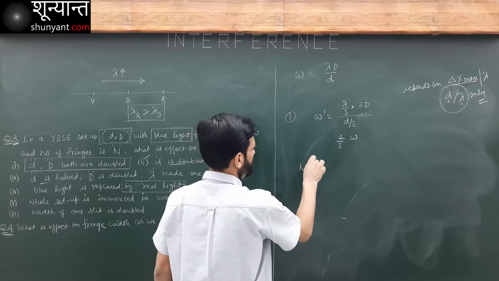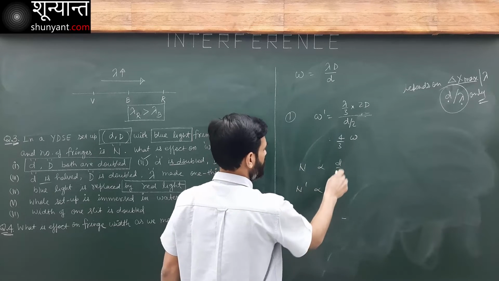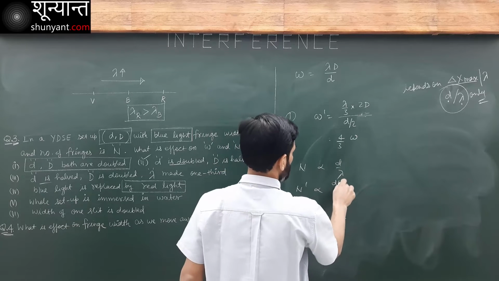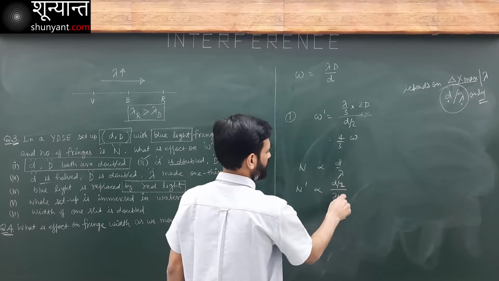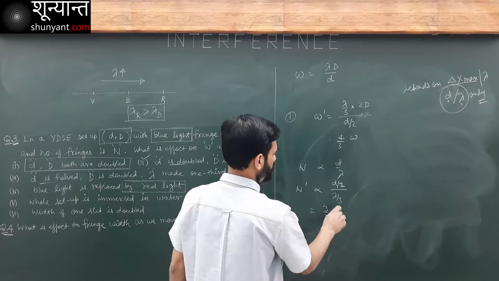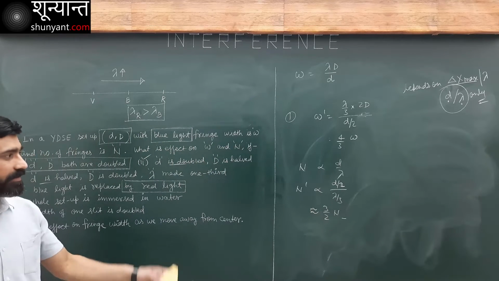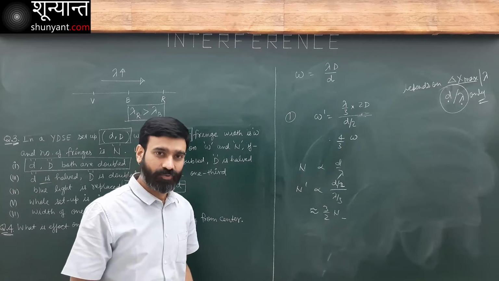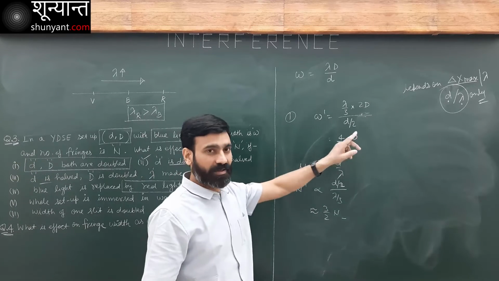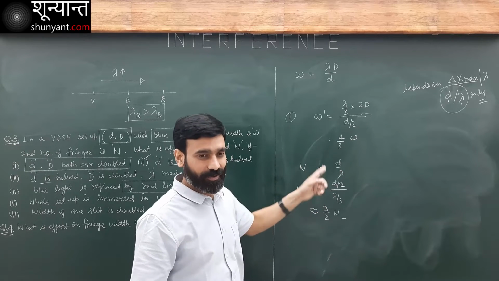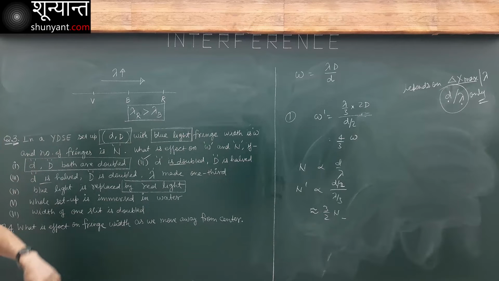Now n dash. n is proportional to d over lambda. n dash is proportional to d over 2 and lambda over 3, that means 3 over 2 n. Approximately, it will increase. It will become 1.5 times. It is going to increase. Here fringe width increases, and the number of fringes will also increase. All of that depends on d, capital D and lambda.